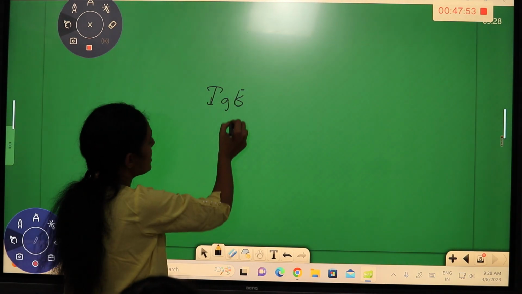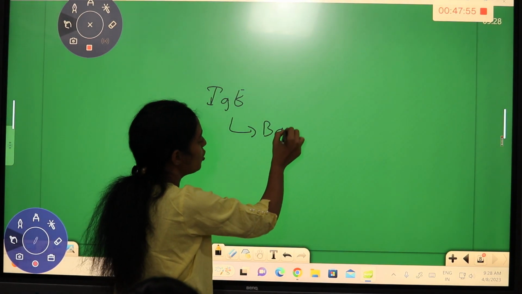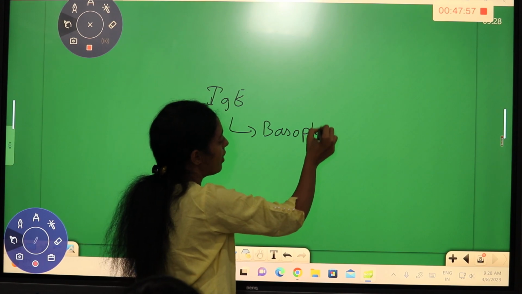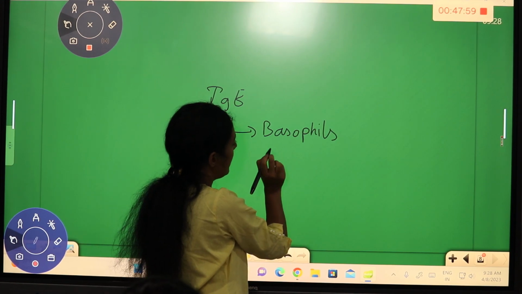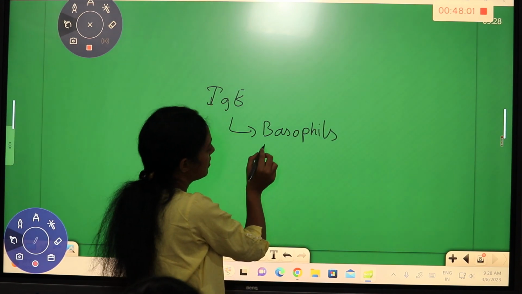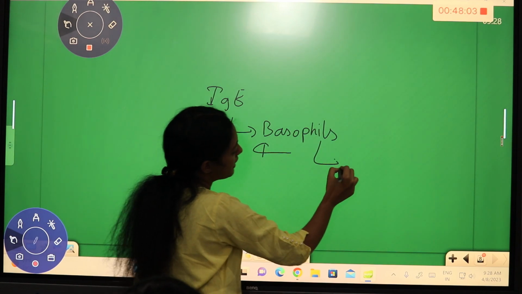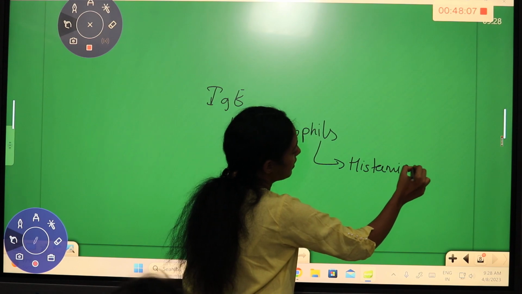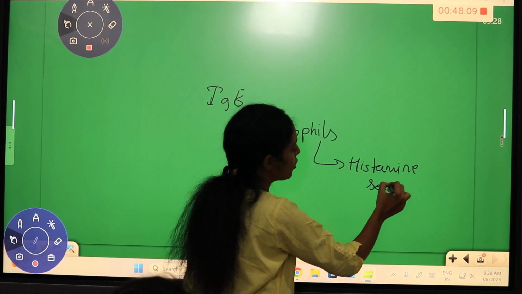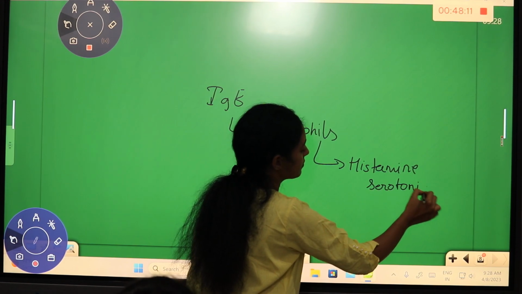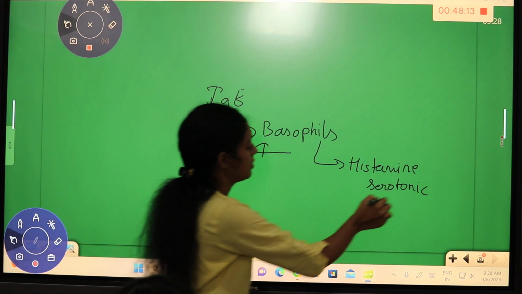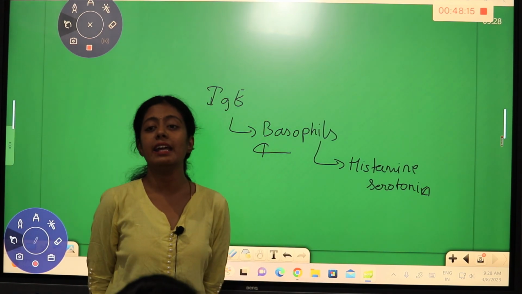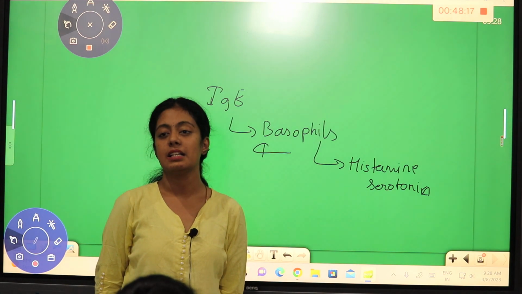This IgE antibody will go and bind to two types of cells, basophils and mast cells, and it is going to produce molecules called histamine and serotonin. Any confusion, any doubts?